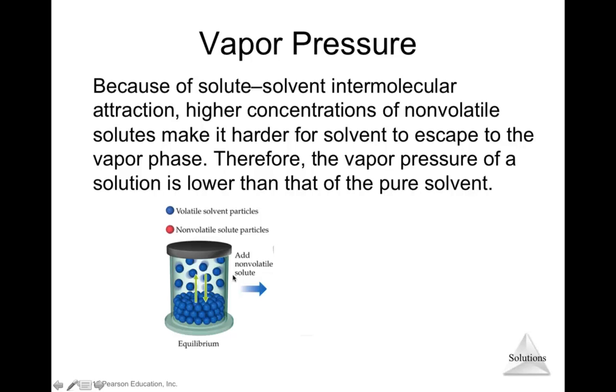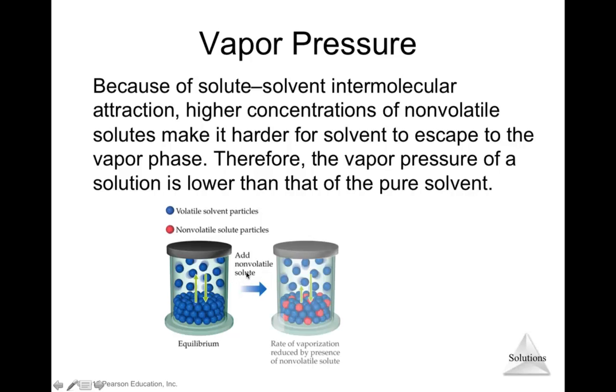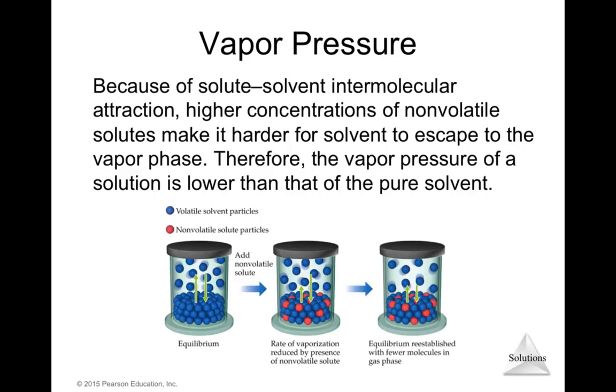Okay, so now what happens if we add a non-volatile solute? That means that now we have more molecules of the solvent that are going to stay in the liquid because they're going to interact with that non-volatile solute that we add. And because of that, we're going to have fewer molecules of the solvent in the gas phase.